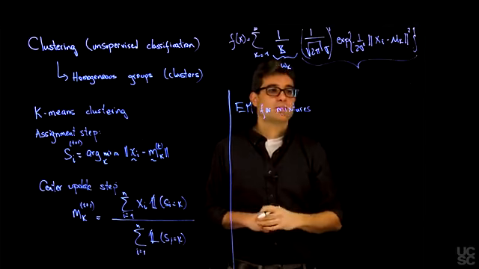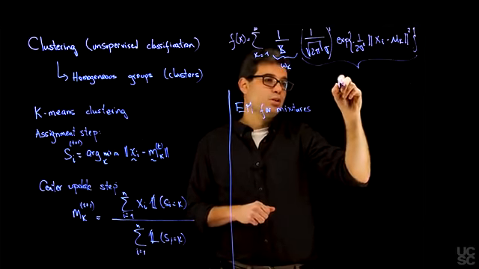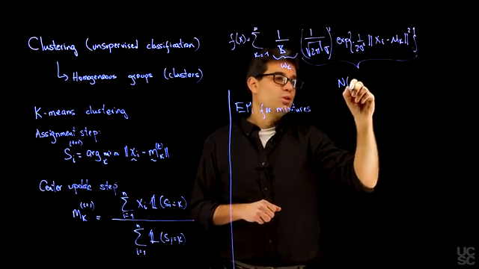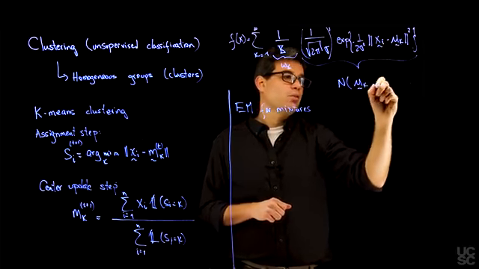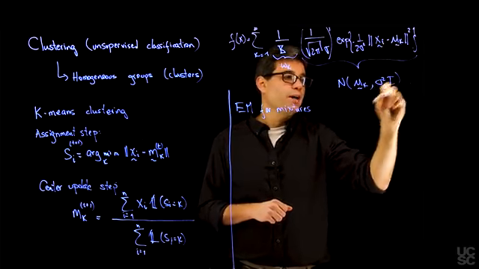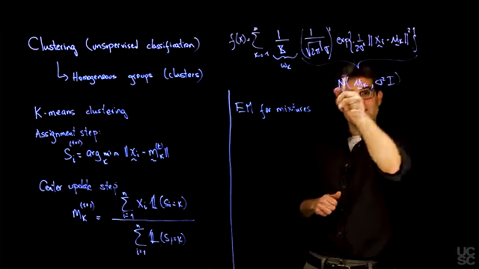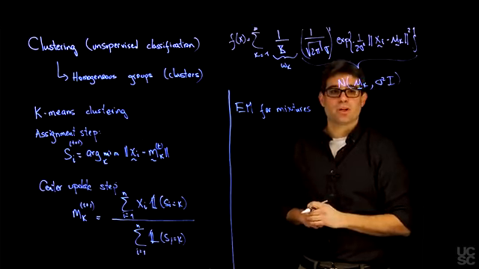If you look at what this is, this corresponds to the kernel of a normal distribution with mean mu_k and with variance sigma squared I. So this is even simpler than some of the settings that we have worked with before.